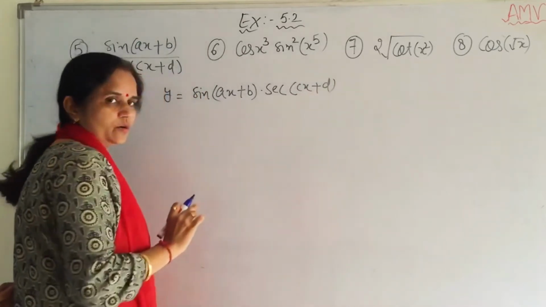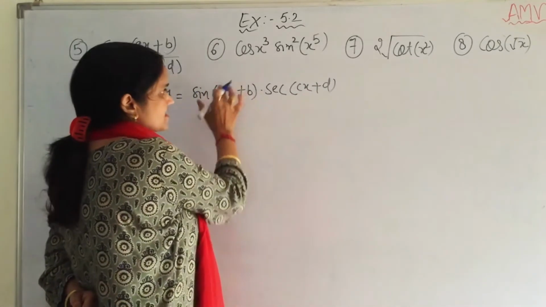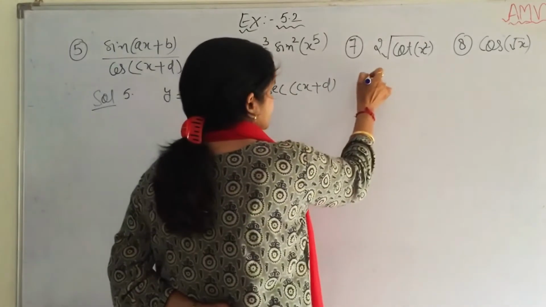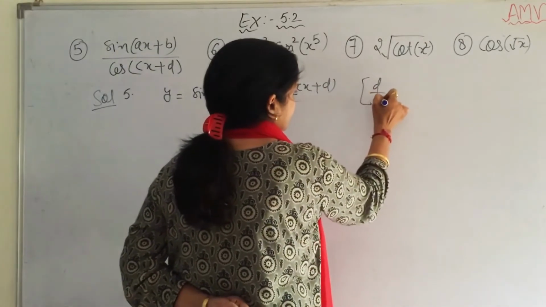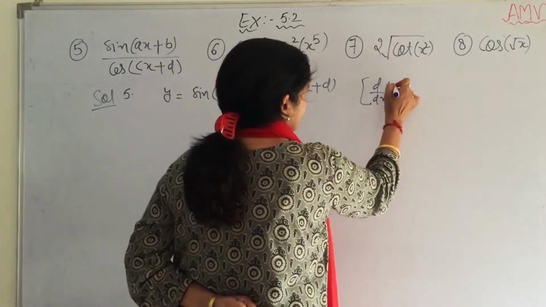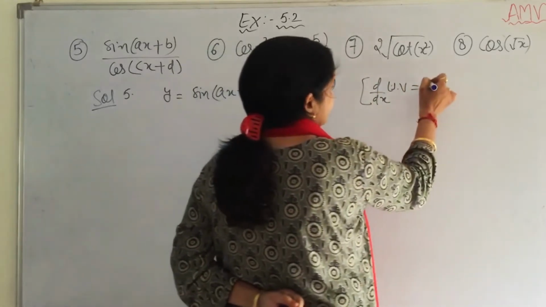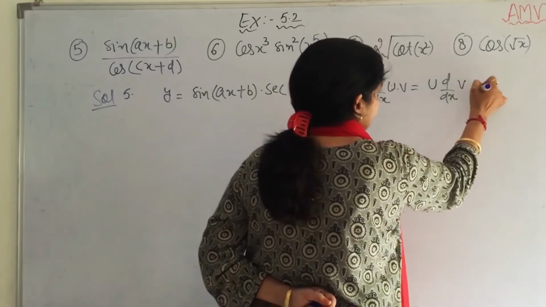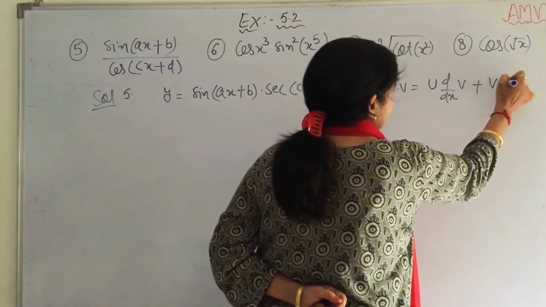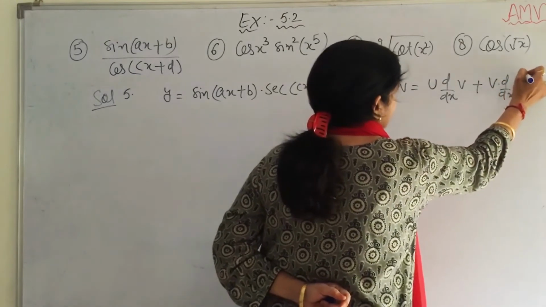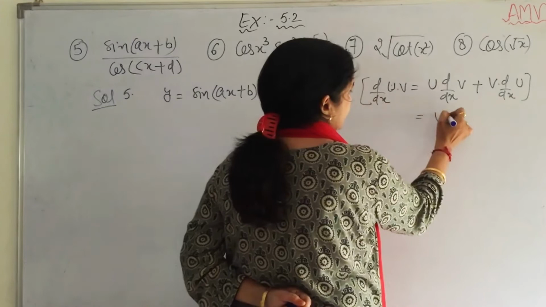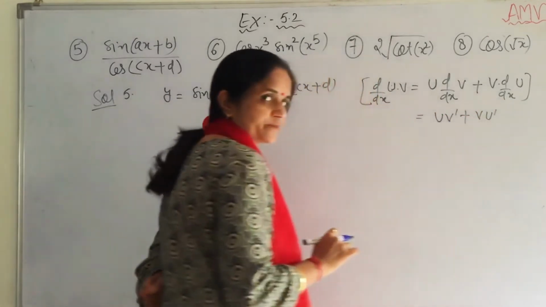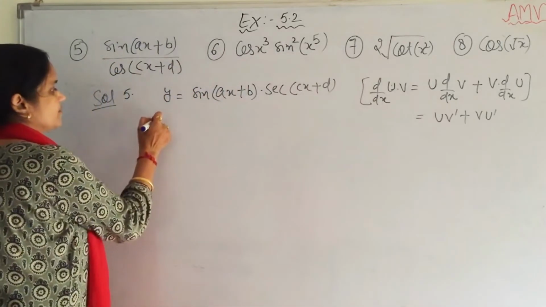Now here sin and sec, two functions are in product, so apply the uv rule, the product rule. You know that u as it is times the derivative of v, plus v as it is times the derivative of u, or you can write uv dash plus vu dash. Apply this rule here.